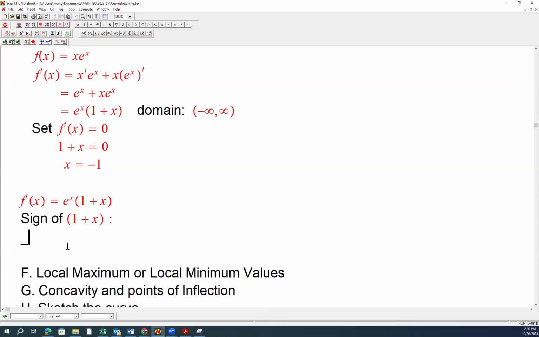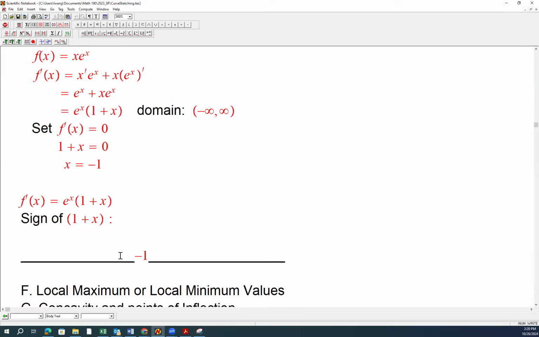So we have a number line with the point -1, and we don't have other critical numbers. When x is less than -1, this is going to be negative.